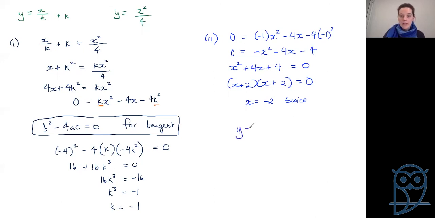So y equals, remember, we have minus x minus 1. So minus (minus 2) minus 1. So y equals 2 minus 1, which is 1. So the coordinates of P equal (minus 2, 1).